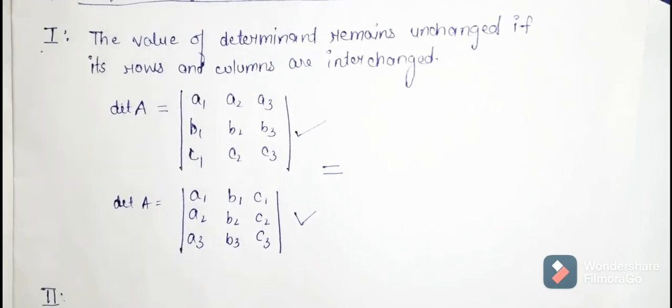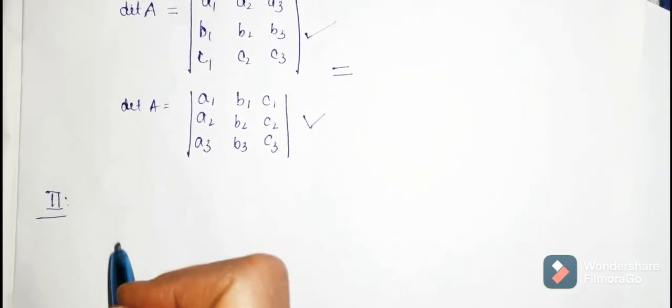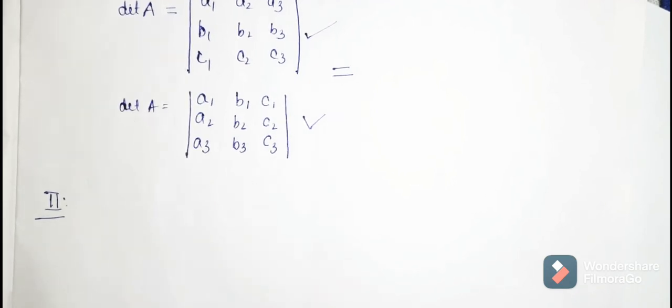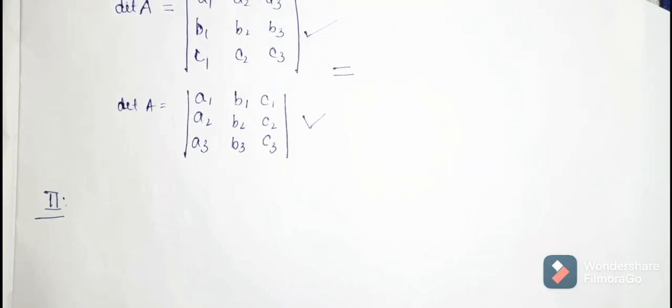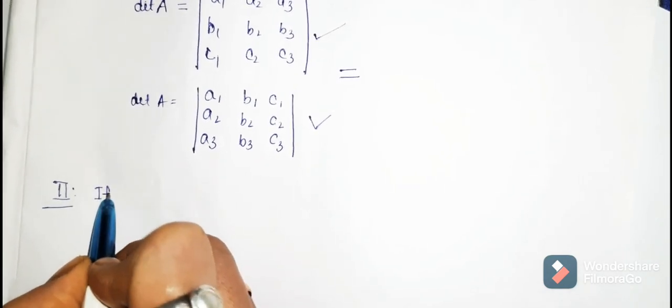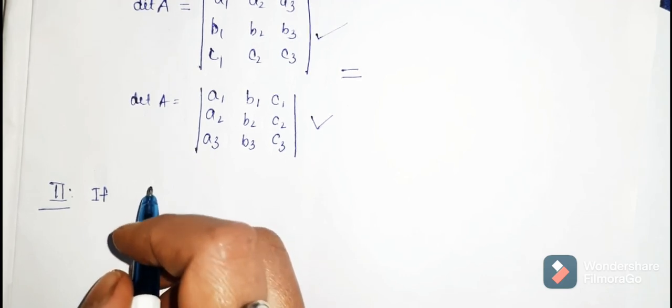I will give you sums related to each and every property. Now the second property: if any two rows or columns of a determinant are interchanged, then the sign of the determinant changes.